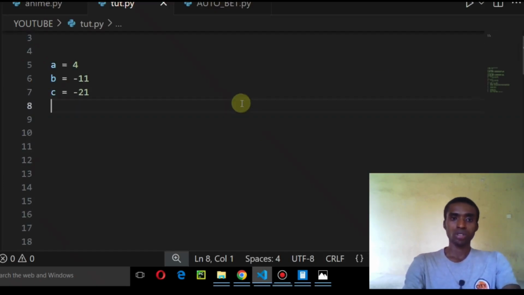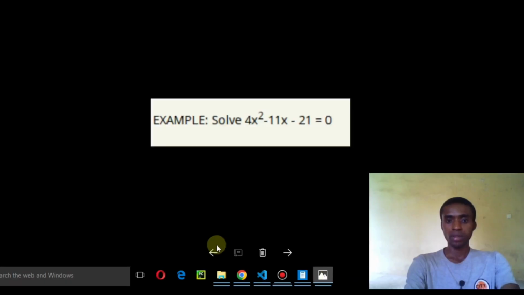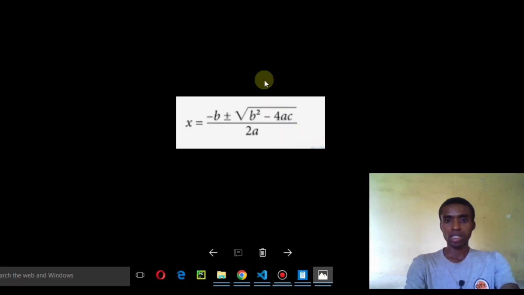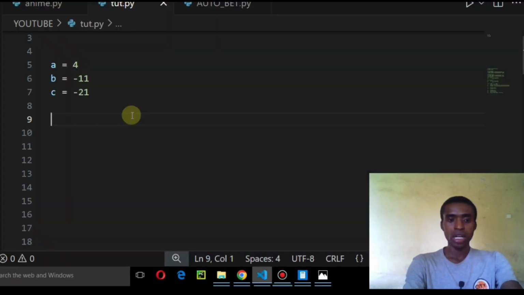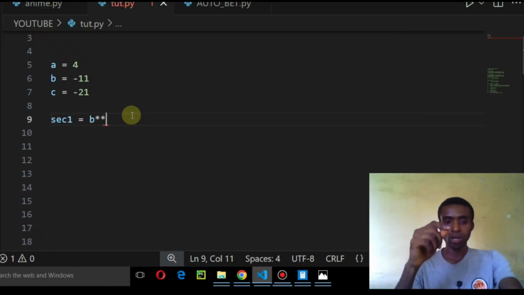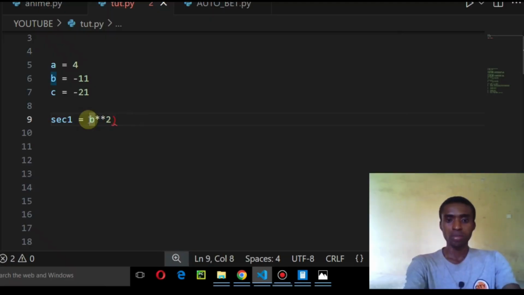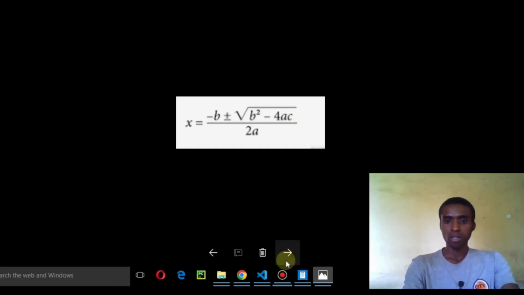The next thing we are going to do is the square root section. It's going to be b squared minus 4ac. You can call it sec 1. So we take b, and for the exponent we use 2 asterisks, and we include it inside brackets. Then we subtract, because that's what was here, minus 4ac.